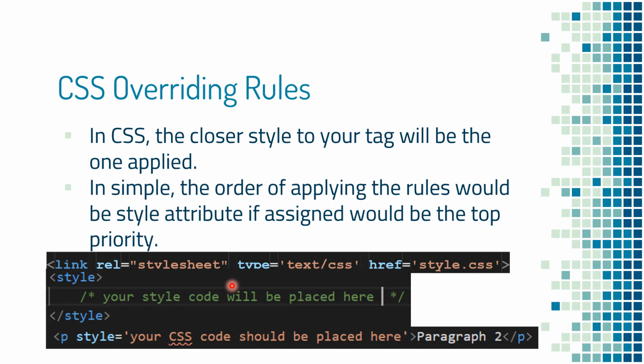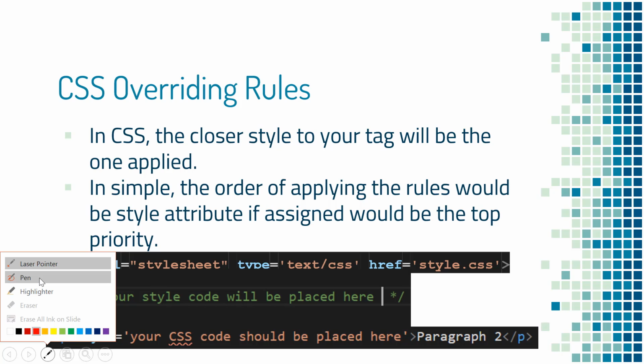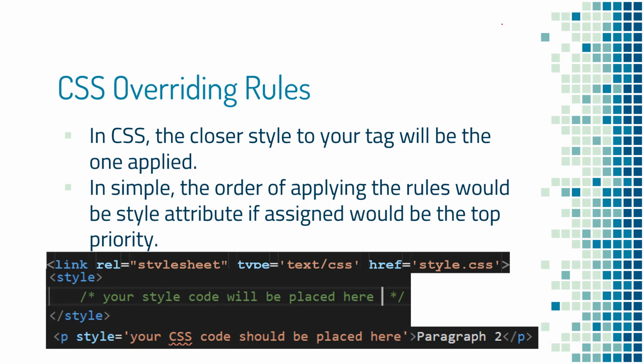The thing is, always, the closest style to the tag will take effect. Why is that? Because of the way it works, it's going to be something like this. Let's try to write in here. As we know before, this is the web page.